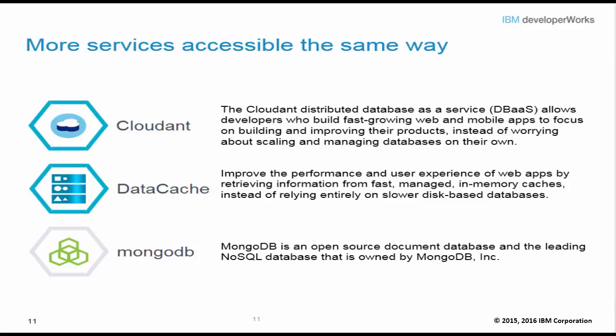Data Cache Cloud Service improves the performance and user experience of web apps by retrieving information from fast, managed, in-memory caches. MongoDB, on the other hand, is an open-source NoSQL database. We will take a look at the sample code for binding each of these services in the following slides.